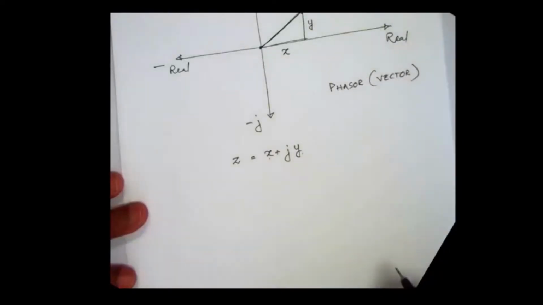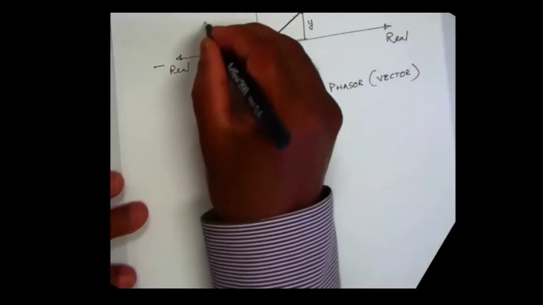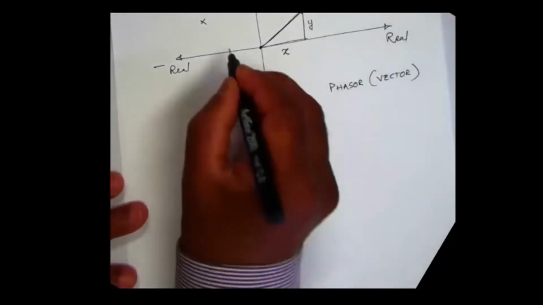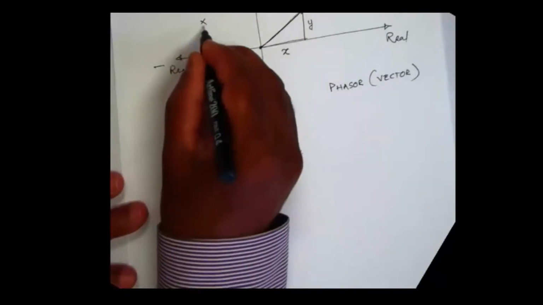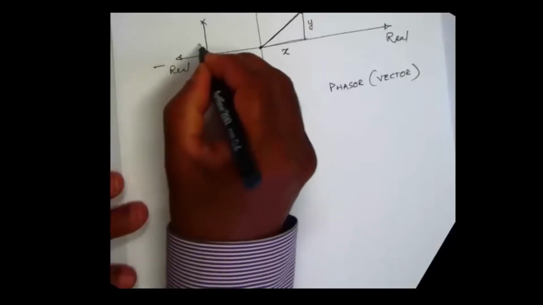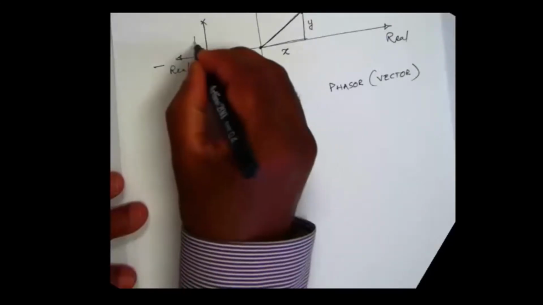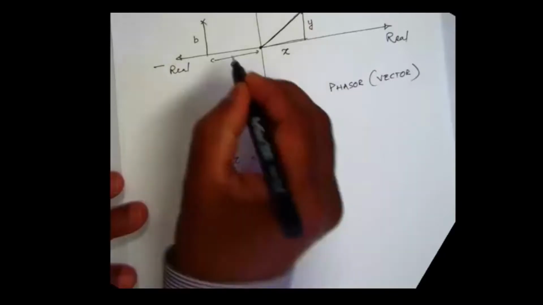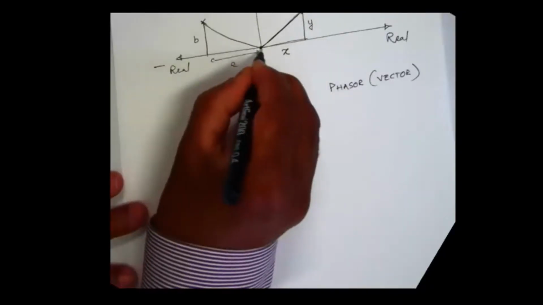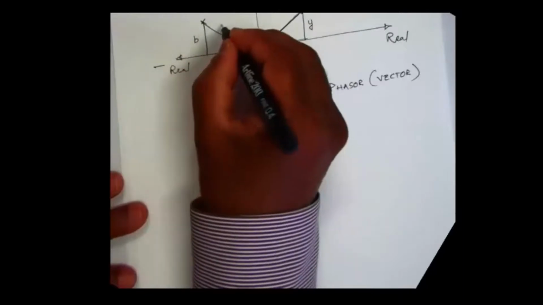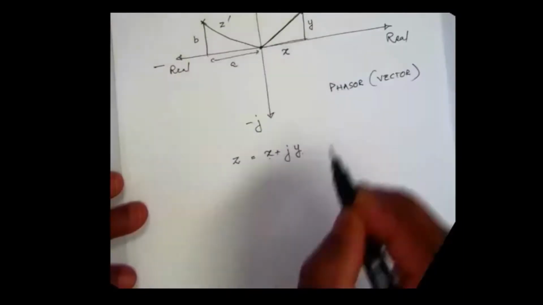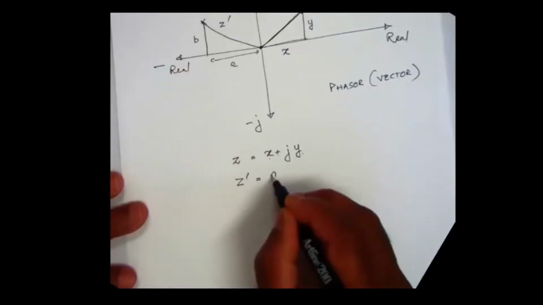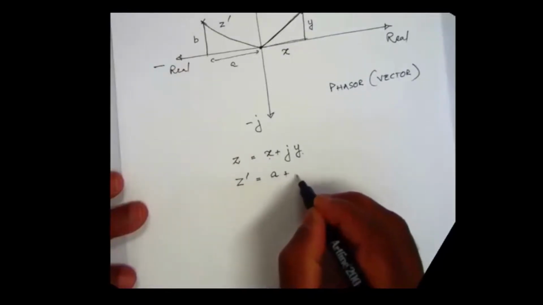And if I give another example, let's take a complex number there. Shall we say this is b, and that is a. So this complex number, shall we say this is z dash. Z dash can be written as a plus jb.